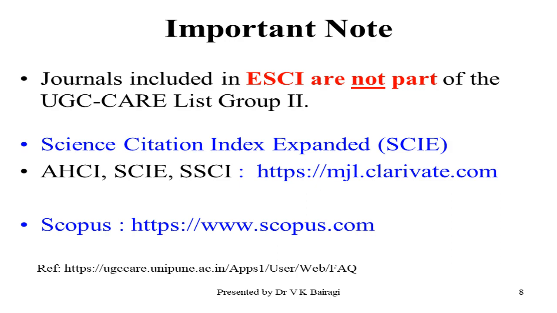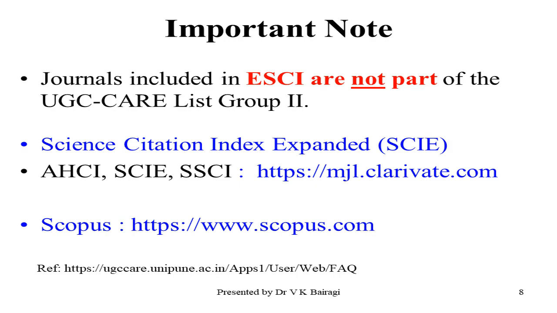Web of Science indexed journals can be found on the website mjl.clarivate.com. The AHCI, SCIE, and SSCI lists of the Web of Science database are part of the UGC CARE journal list under the Group 2 category.